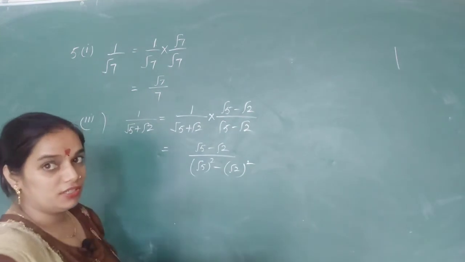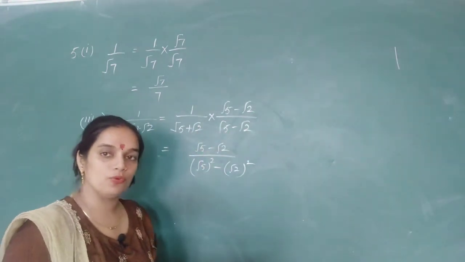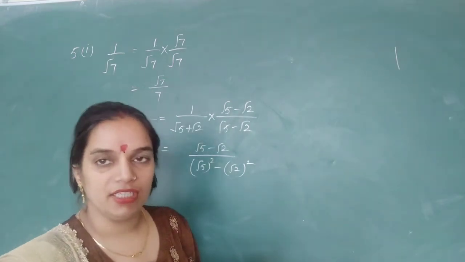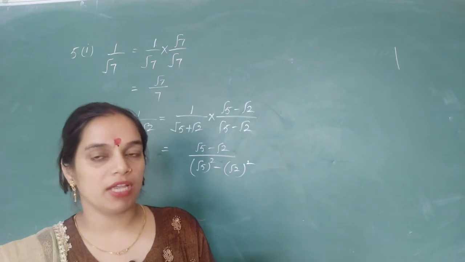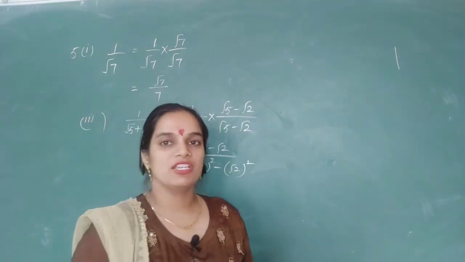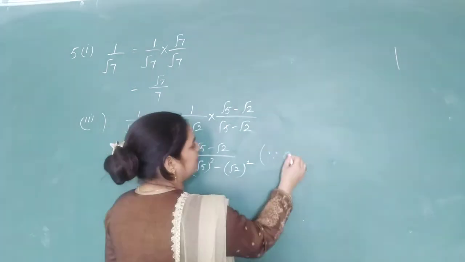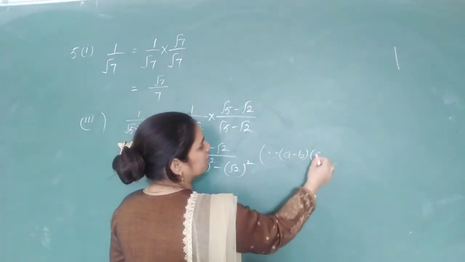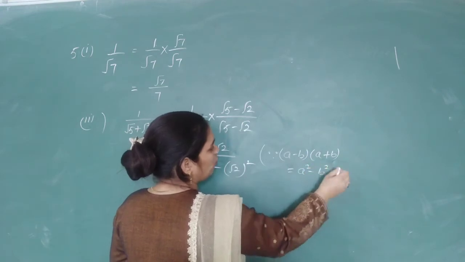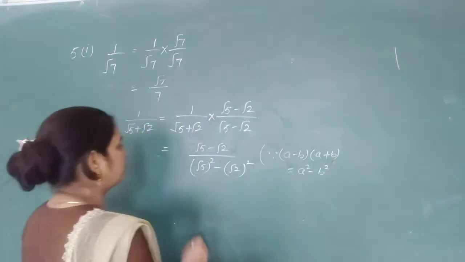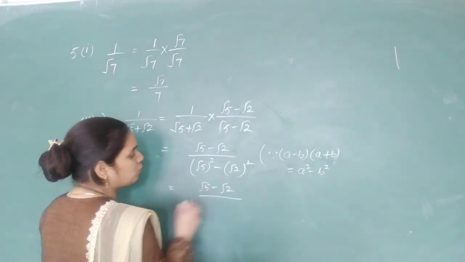In the denominator, when we multiply root 5 plus root 2 and root 5 minus root 2, we will use the identity as we discussed in class 8th, that is a minus b times a plus b is equal to a square minus b square. In the bracket I am writing the identity: a minus b, a plus b, equals a square minus b square. So here the numerator is root 5 minus root 2.